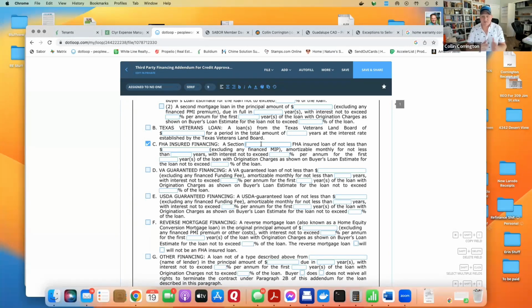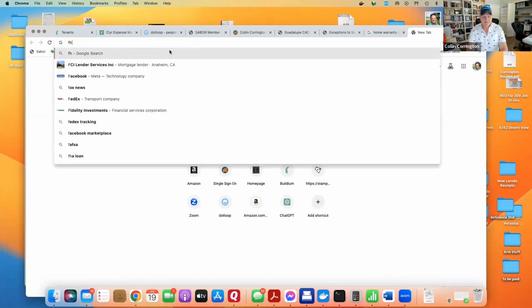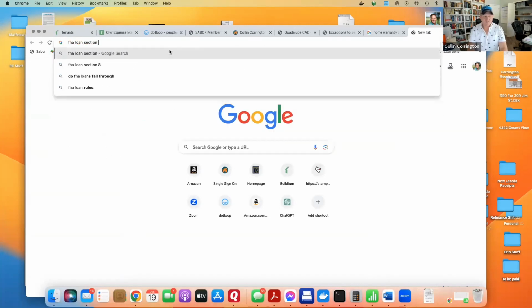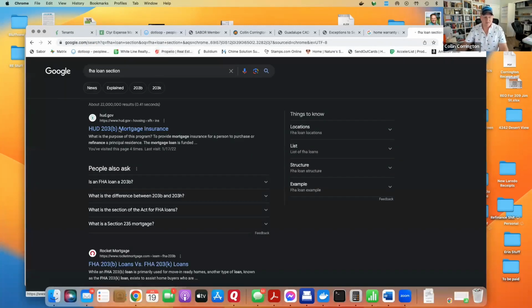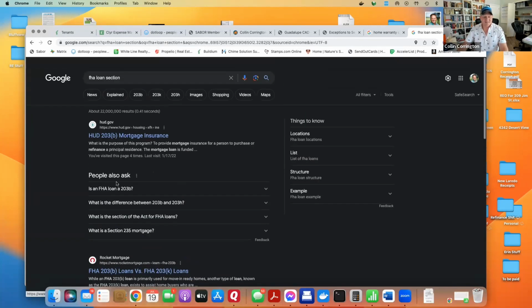Ooh, who knows what section of the FHA code it is? Oh, I know what it is, but we're going to look it up anyway. FHA loan section 203B. It's right there, guys. FHA loan versus a 203K. So what does that mean, guys?